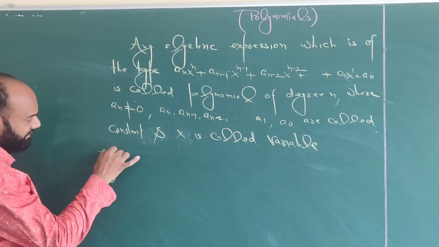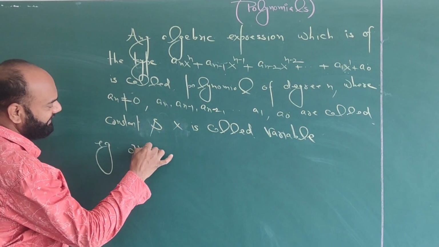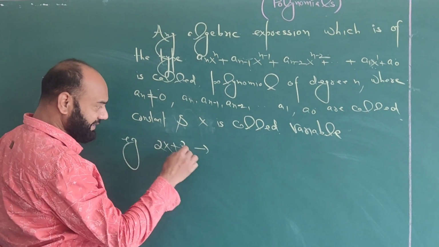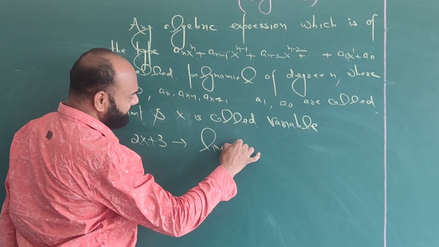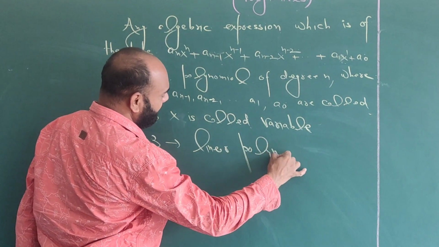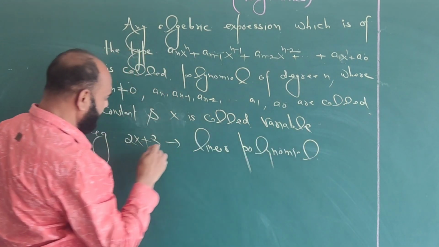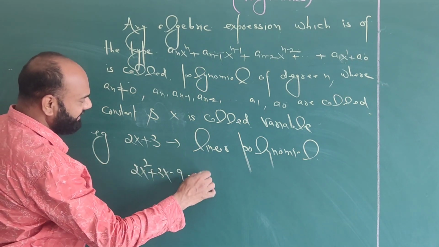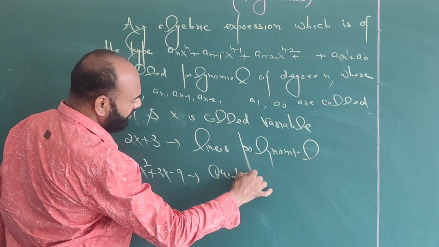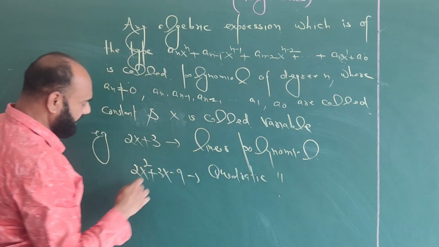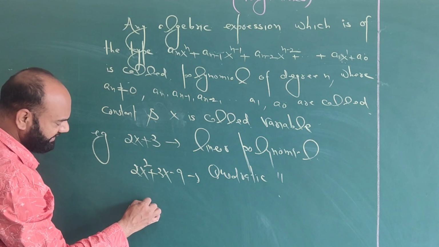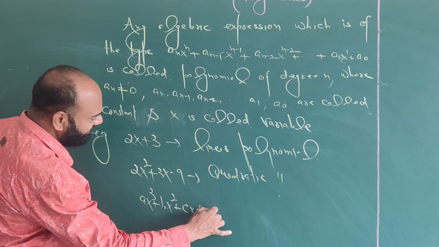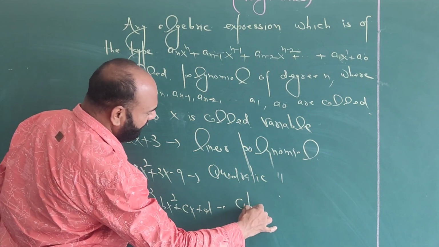Examples are 2x plus 3. This is called linear polynomial because its highest power is 1. And when highest power is 2, for example 2x square plus 3x minus 9, then it is called quadratic polynomial. And when highest power is 3, example ax cube plus bx square plus cx plus d, then it is called cubic polynomial.